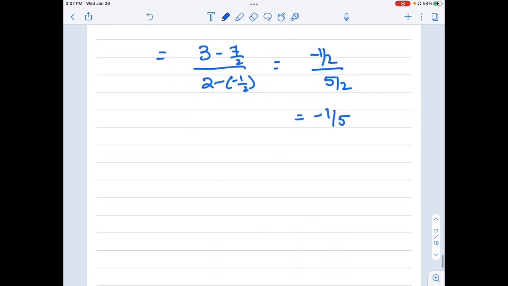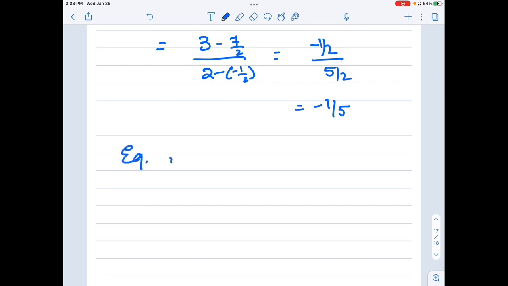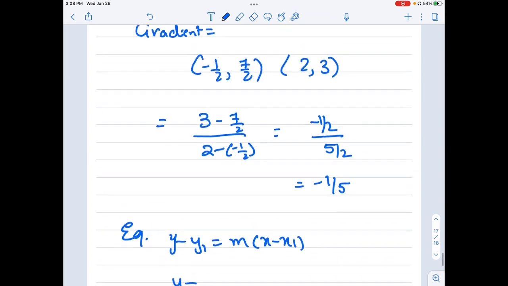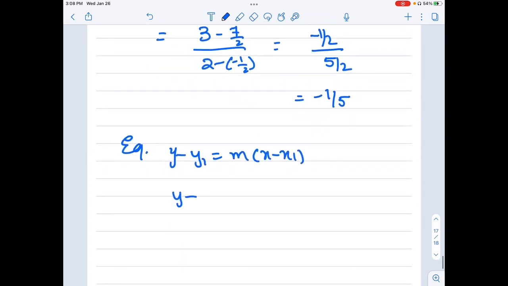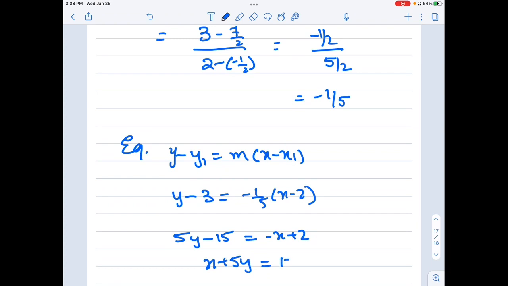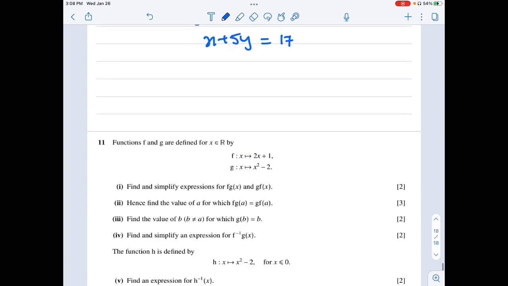But I want the equation: y − y1 = m(x − x1). We can take any point, and 2 comma 3 is the easiest one. y − 3 = −1/5 (x − 2). Simplifying, 5y − 15 = −x + 2. So x + 5y = 17 is going to be the answer.